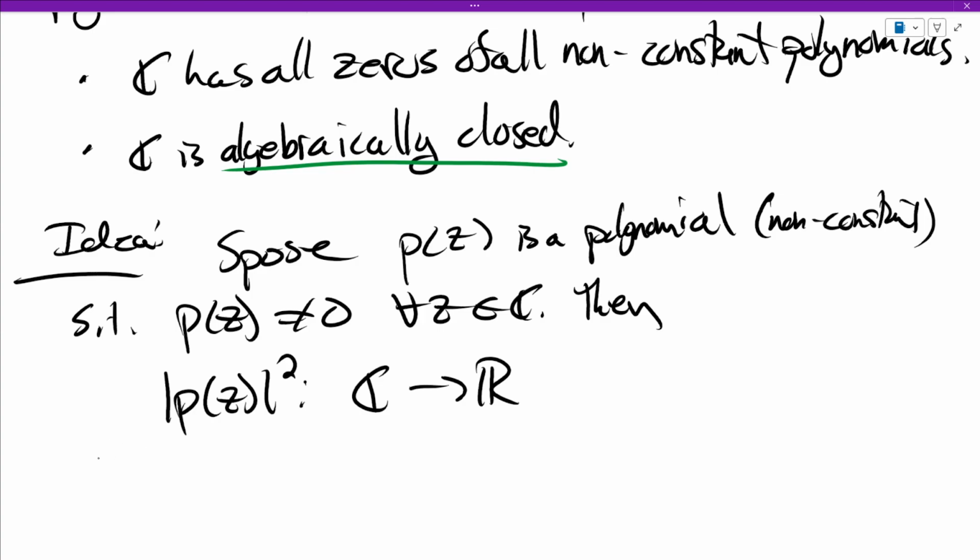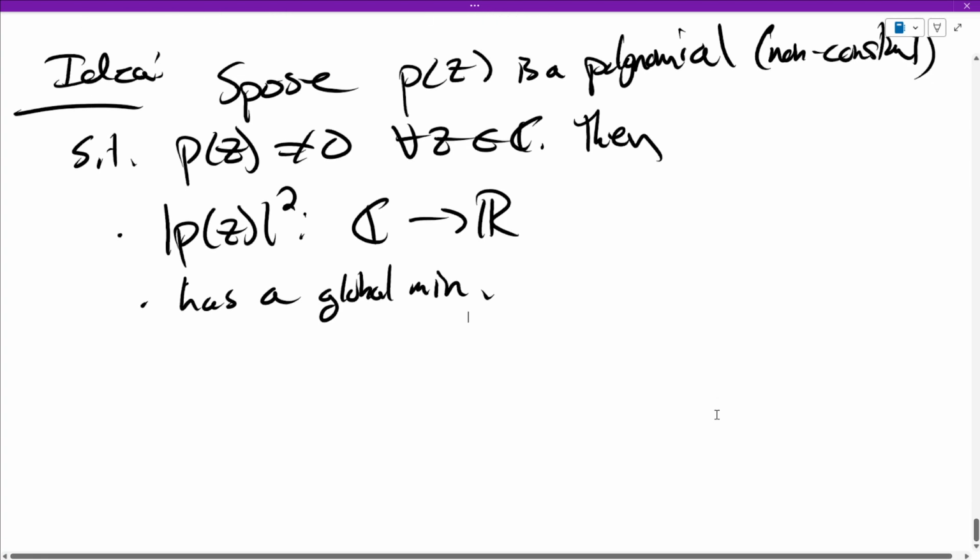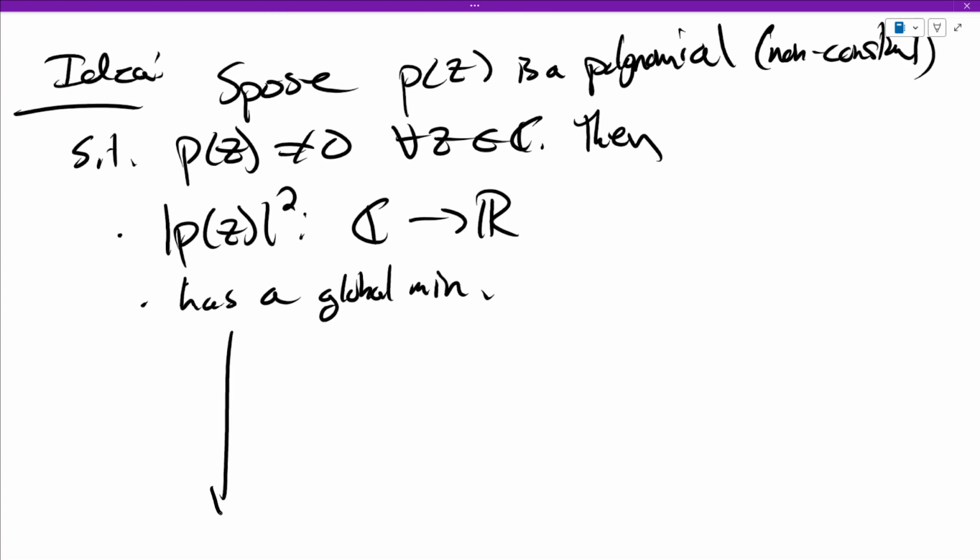In particular, we can do some stuff and deduce that this has a global minimum. Okay? So there is a minimum value that this achieves, an absolute smallest value. So if we were to draw C, again, I'm brushing things under the rug.